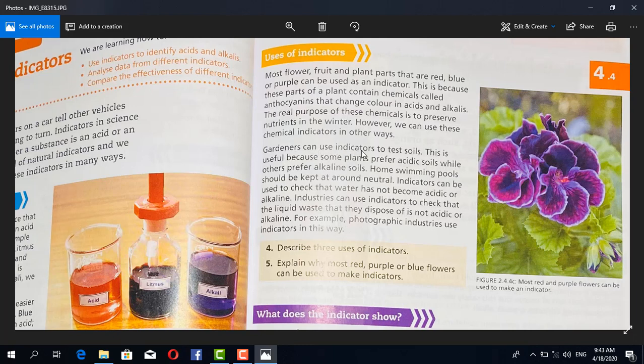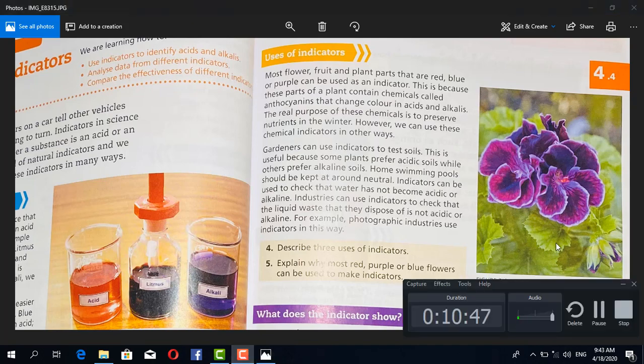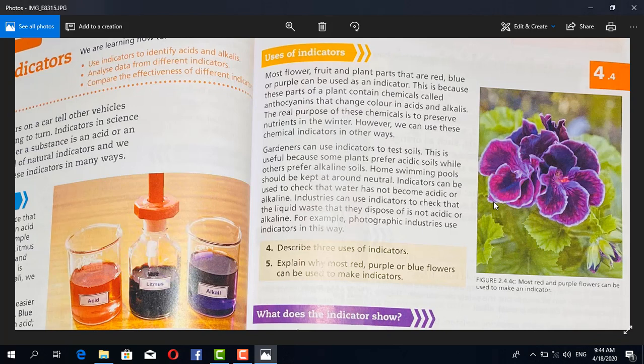Gardeners can use indicators to test soil. This is because some plants prefer acidic soils, whereas others prefer alkali. Home swimming pools should be kept around neutral, and indicators can be used here to check the water has not become acidic or alkali.